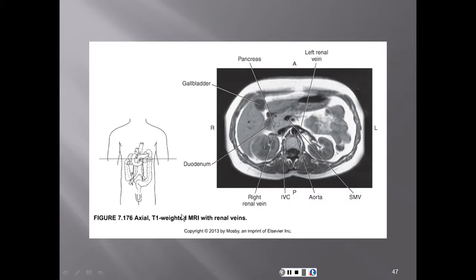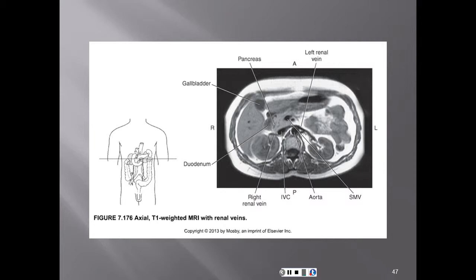Axial T1 weighted MRI of the renal veins. And this image can be found on page 487. Blood leaves the kidney by way of the interlobular veins that carry blood from the renal cortex to the arcuate veins, which carry blood from the medulla to the interlobar veins.